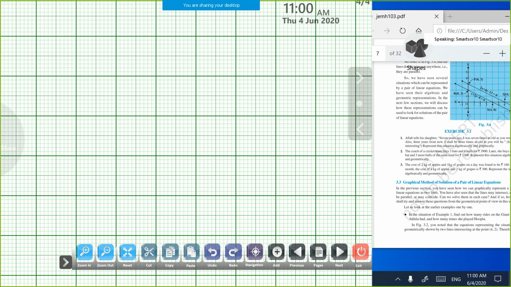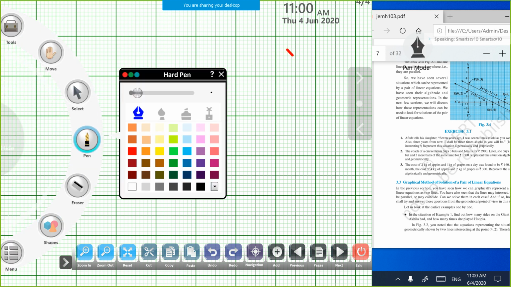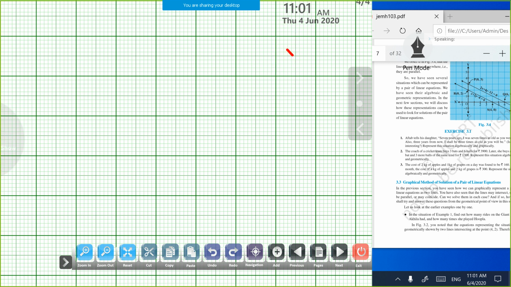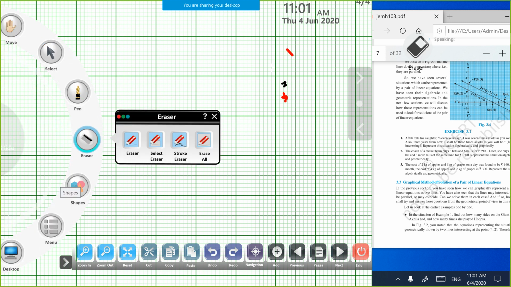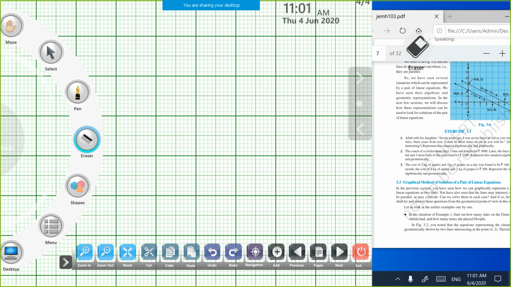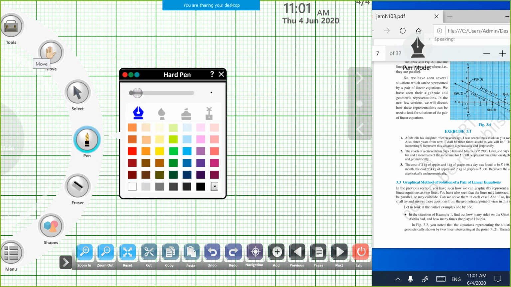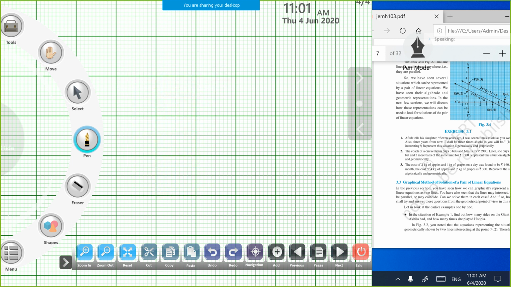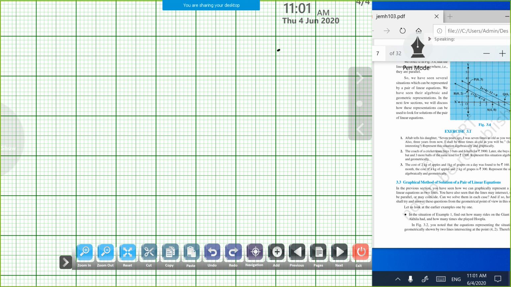The first equation is x minus 7y is equal to minus 42, and using this linear equation make the coordinates.